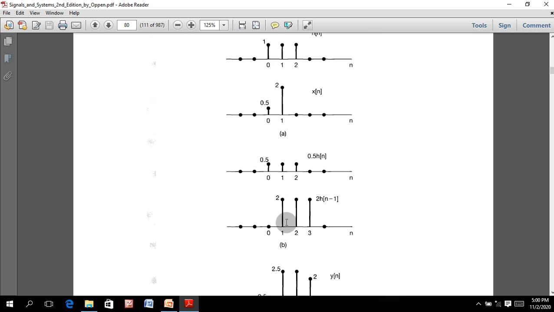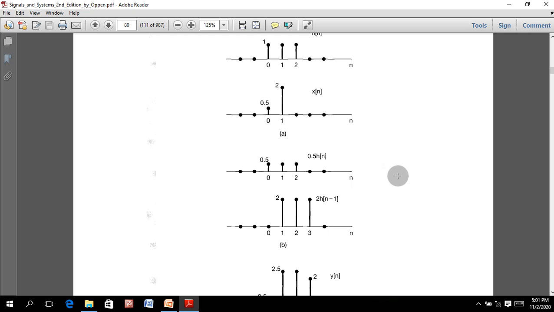But when we are delaying or advancing a function, suppose we have a normal discrete time signal where we have to delay the function, what will we do? We just subtract 1 or add 1 in the function. By using minus 1 we can delay or advance the function, and it will start from minus 1.